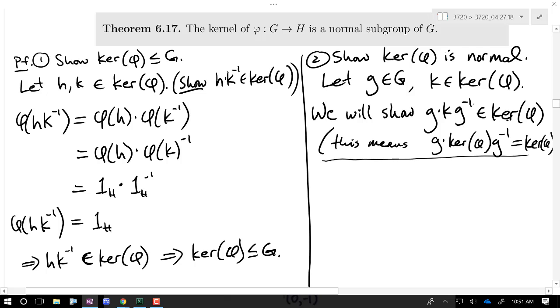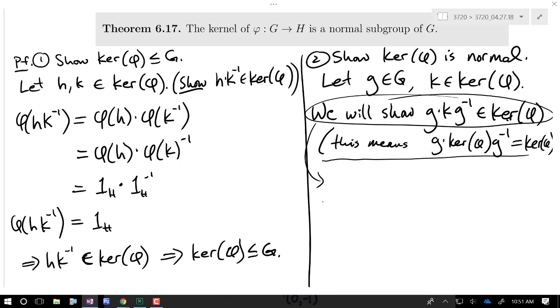So we just need to show this containment here. And if we want to show that it's in the kernel, what we need to show is that it maps to the identity. That's what it means to be in the kernel of a homomorphism.